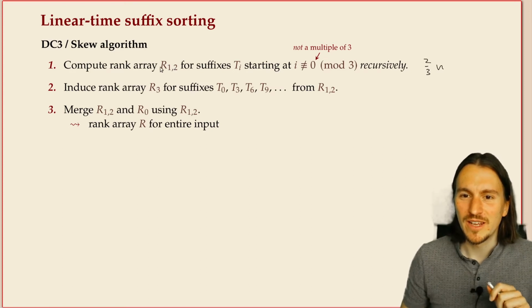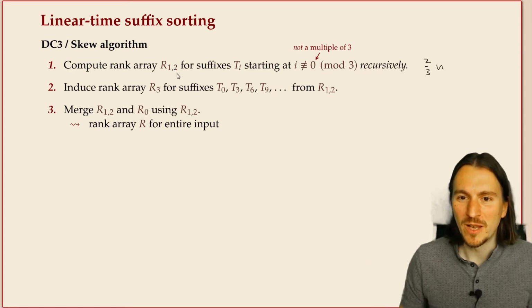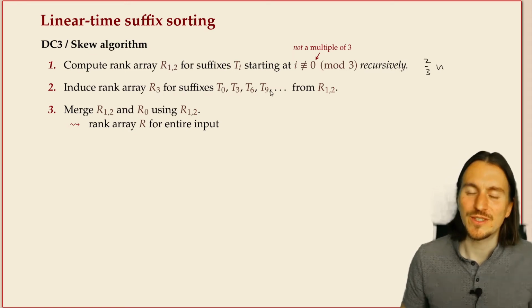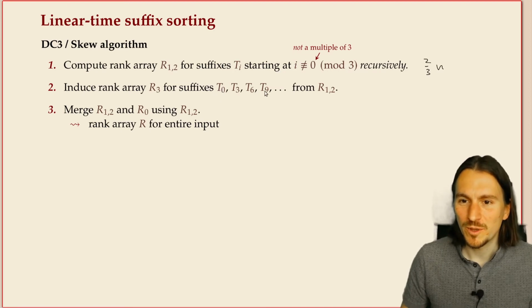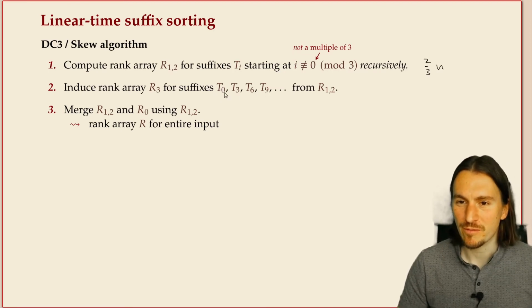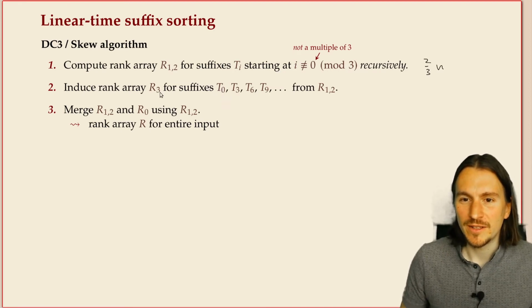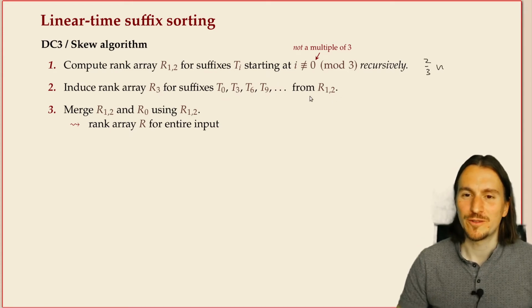They only rank how the suffixes are sorted within each other. And the same thing here, we essentially sort the list of suffixes, but only those that start at multiples of 3. And to speed up this sorting process, we use the information from R12.